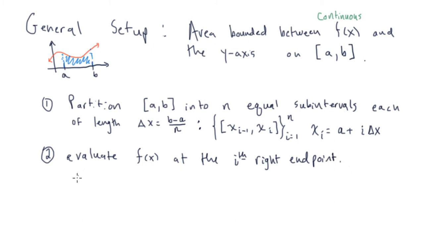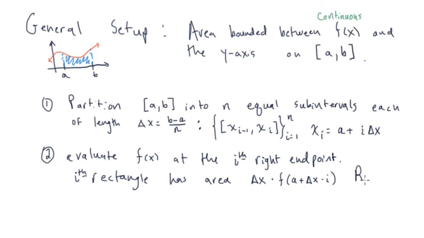So the ith rectangle has area, well, it's going to have area what? Delta x base times the height, which the height is f of a plus delta x times i. Okay? And now this is for R sub n.